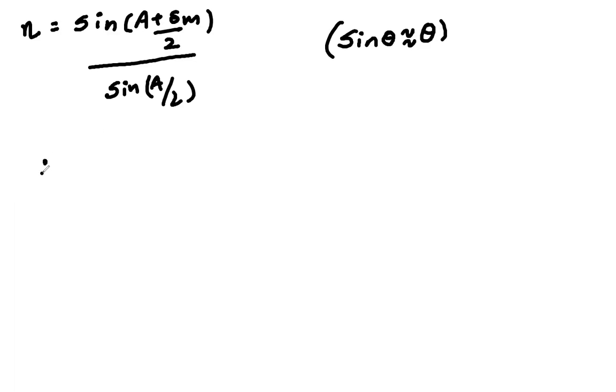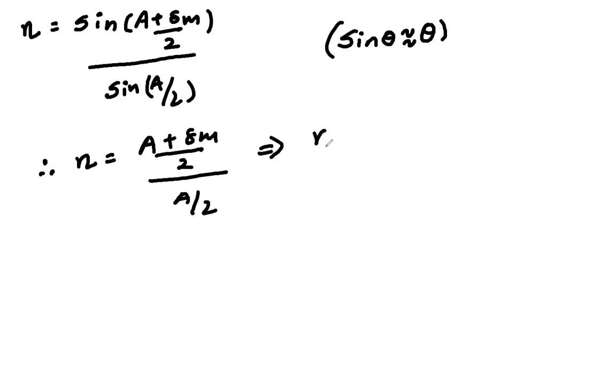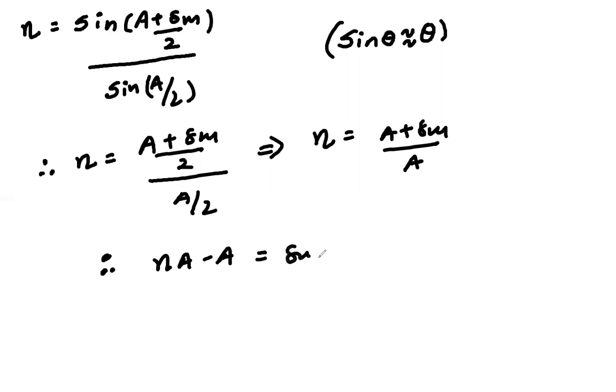So in the same expression, n equals (A plus delta m) divided by 2 over A by 2. So the 2 will cancel out. We will have n equals (A plus delta m) divided by A. So A will be the same: nA minus A equals delta m. So my expression for minimum deviation is delta m equals (n minus 1) into A.